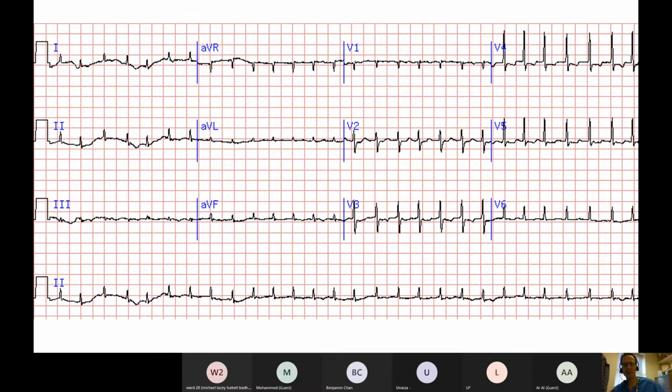So the big question here that I'm really asking is, do you think this is an irregular rhythm, or do you think this is a regular tachycardia? Because if you think it's irregular, then we're happy saying that this looks like atrial fibrillation.